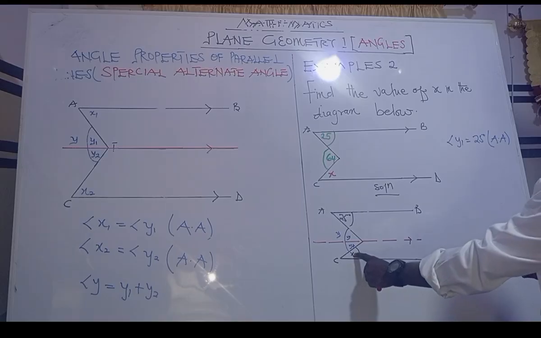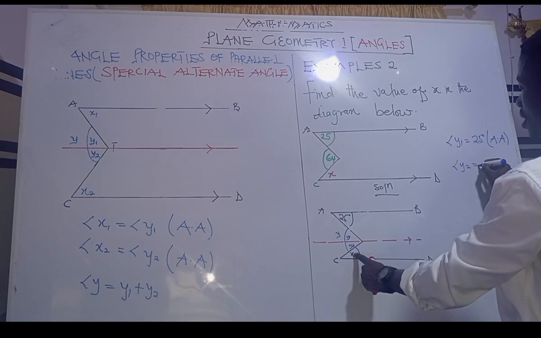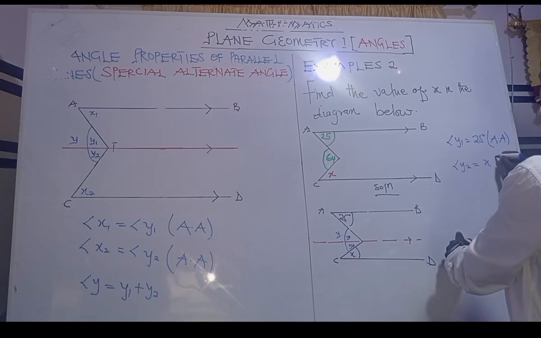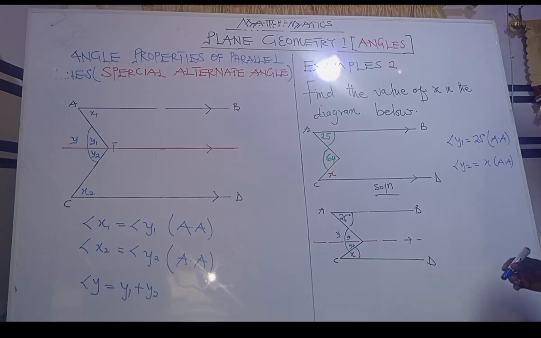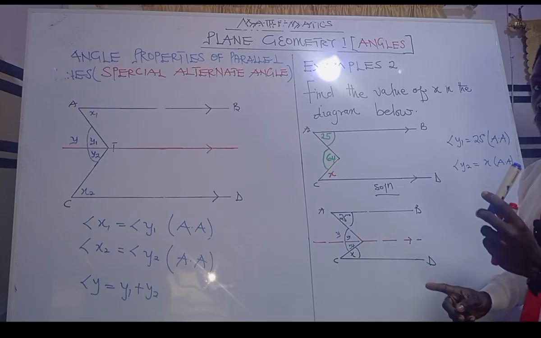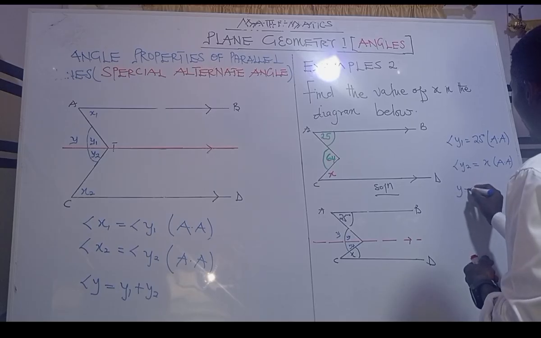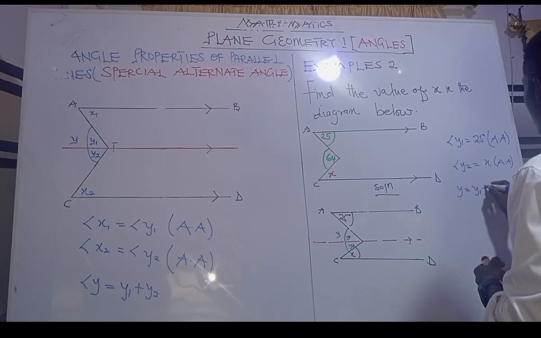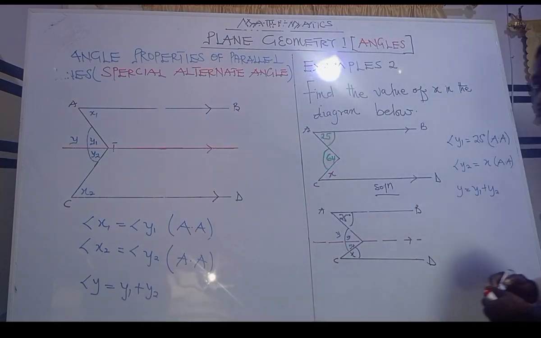And we can say that angle y2 is equal to x, applying the alternate angle. Good. But we also know that before we can find y, we have to sum y1 and y2 together. Is that clear? So we can say that our y is equal to y1 plus what? y2. The same process here.